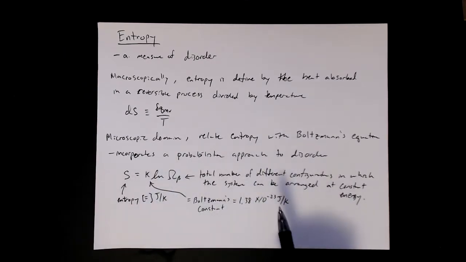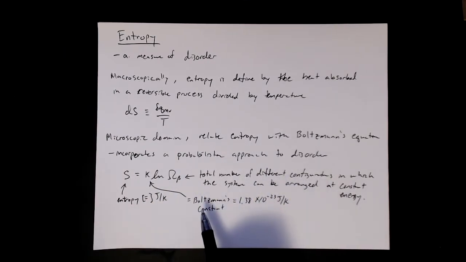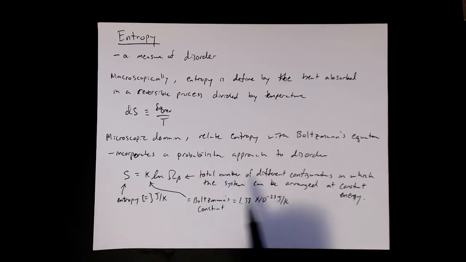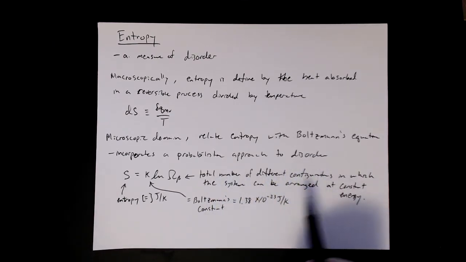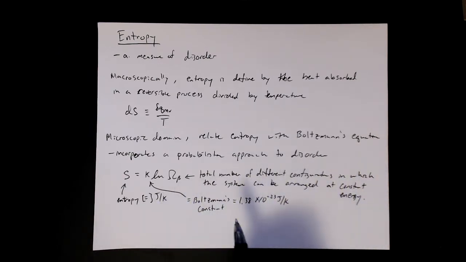So this is just another way of defining entropy, and we do it by considering all the different configurations of the system. And so we'll take a look at this in a little bit more depth as well.